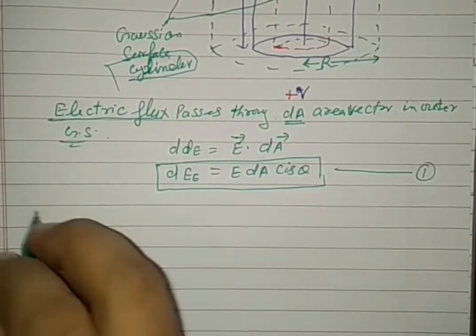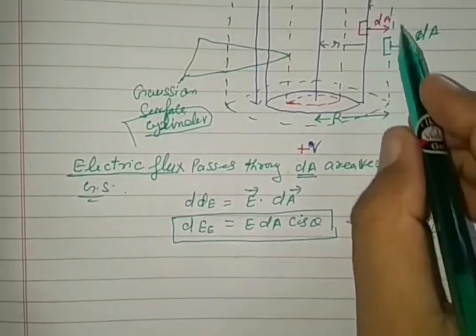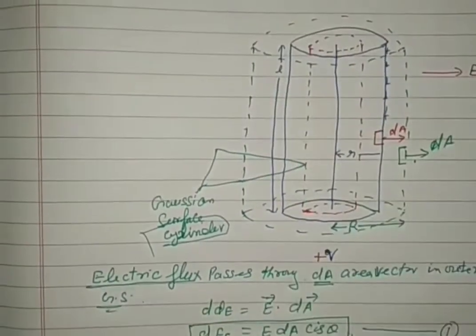See carefully, what is the total electric flux passing through this whole Gaussian surface?